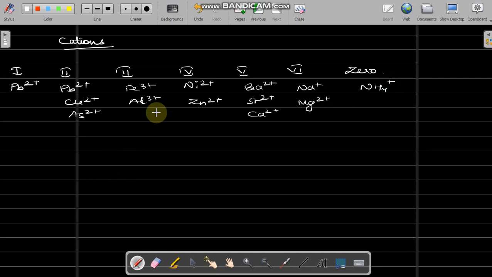These are the cations which can be present in the given salt.